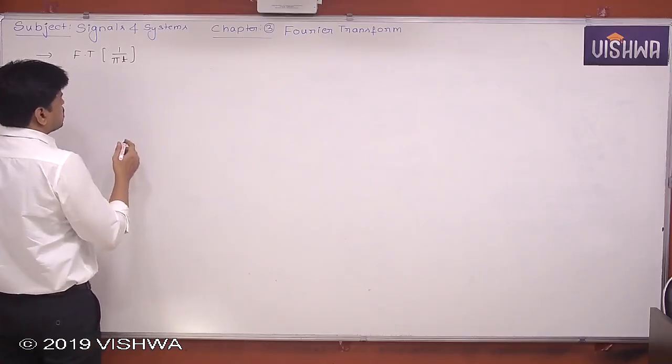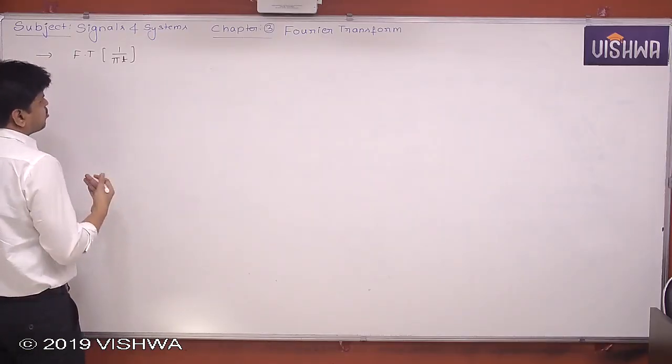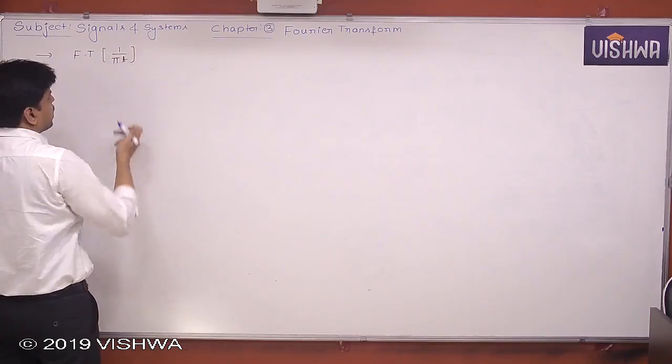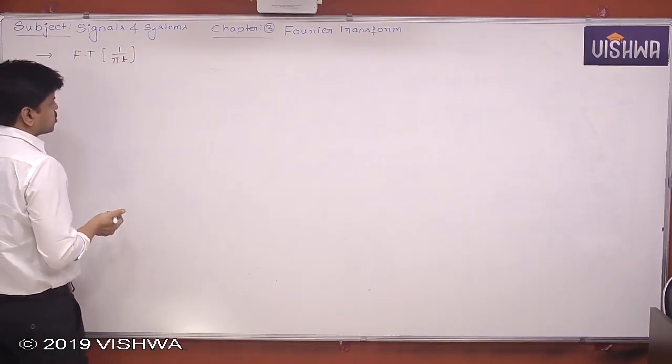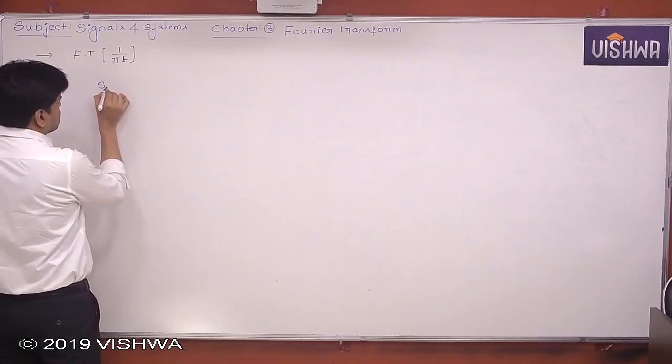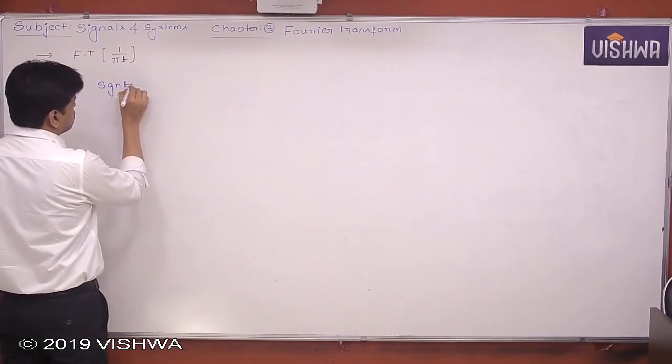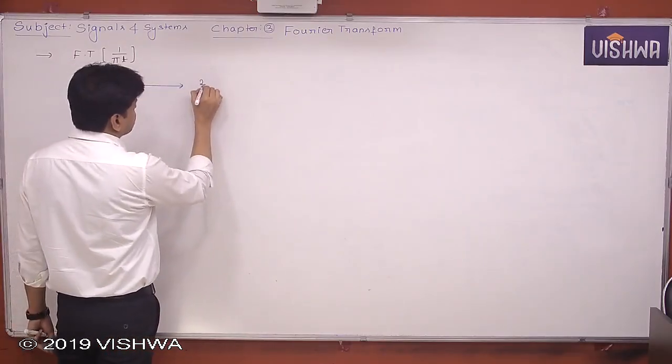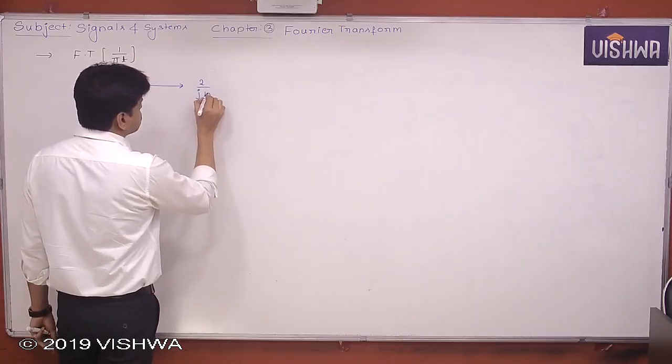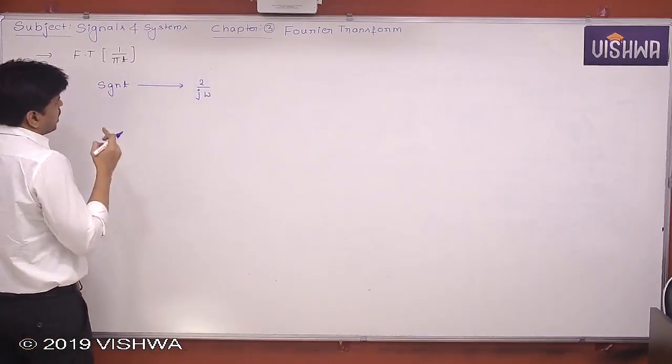Now to get this one, we have to think in terms of the duality property. That means 1 by pi omega, which we do not have. So let's say we know signum t. For signum t, we have 2 by j omega, but I require 1 by pi t.